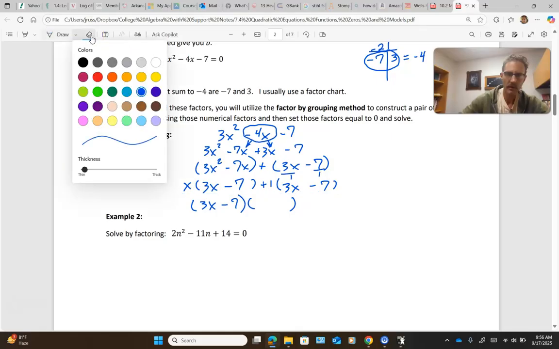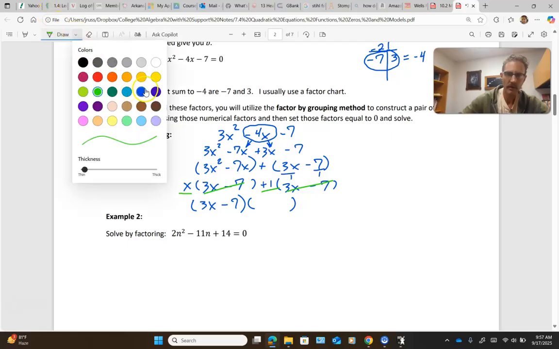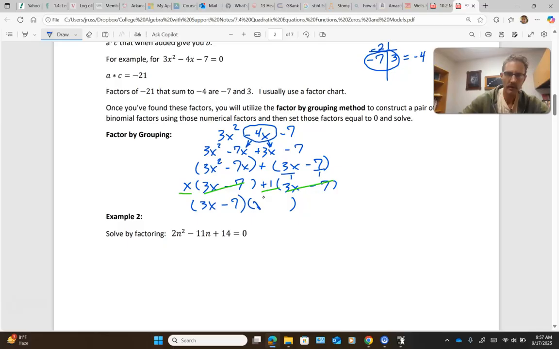So the way I typically show this is, once I factor out the 3x minus 7, all I'm going to have left is an x and a plus 1. And that's what I plug in my second binomial. X, oops, and a plus 1. Okay? And now you have it factored.